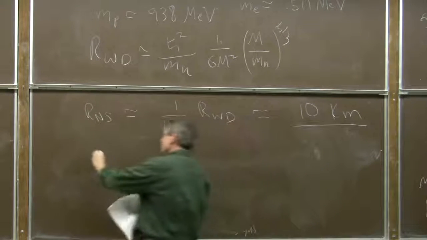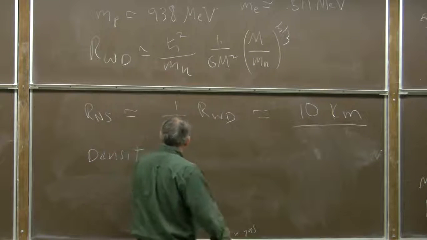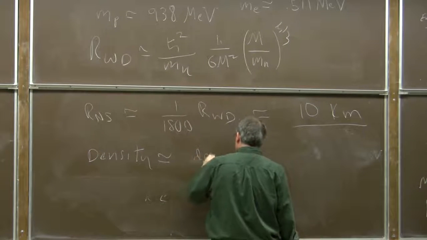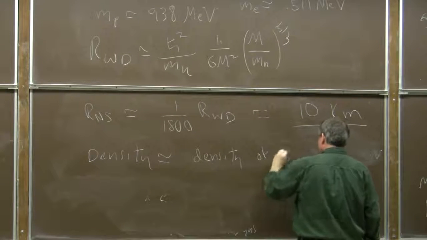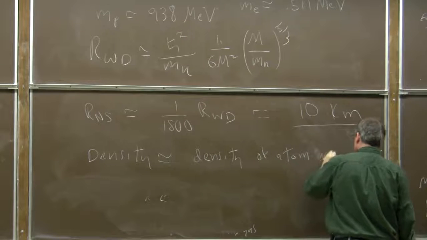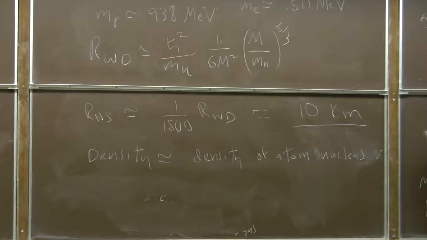So the density goes like the density of nuclear matter, or the density of an atomic nucleus. It's now about 1 billion times denser than this white dwarf stuff, because we've shrunk the radius by a factor of about 1,000. Okay?